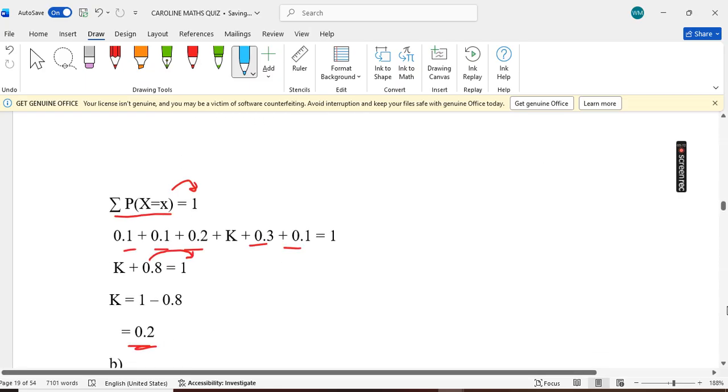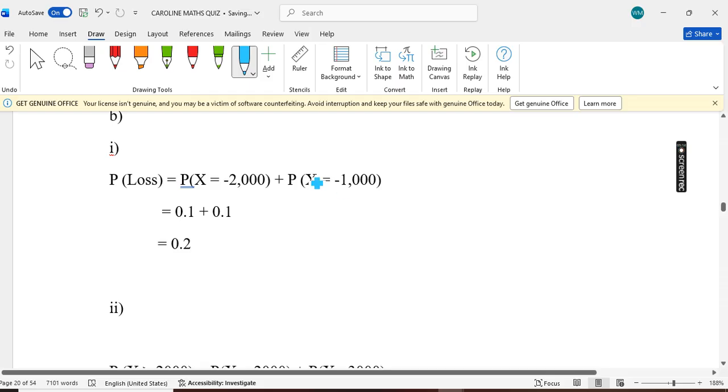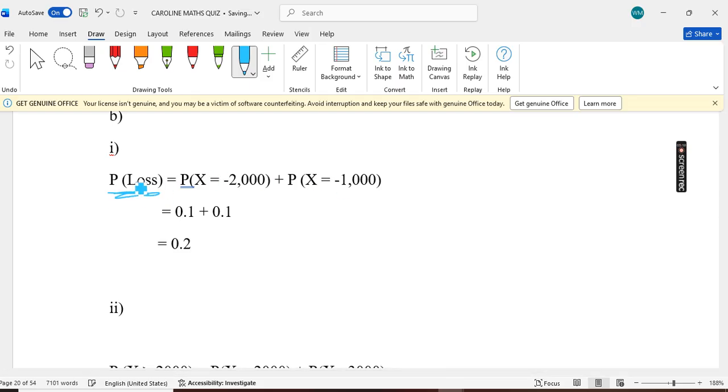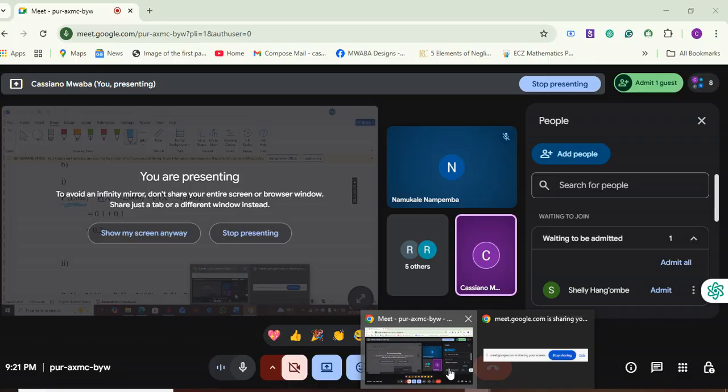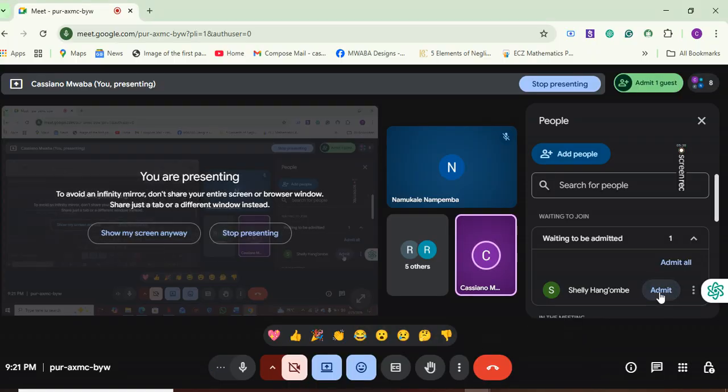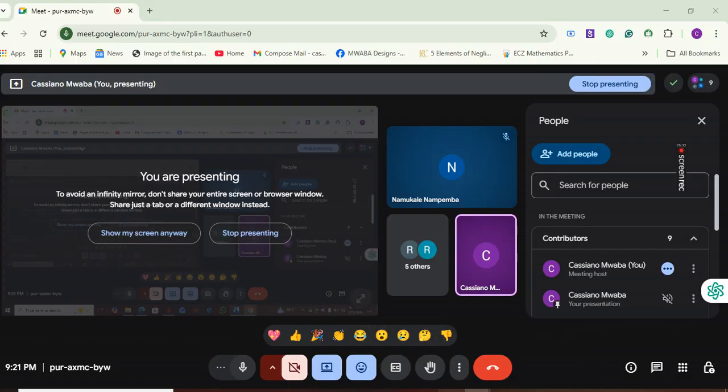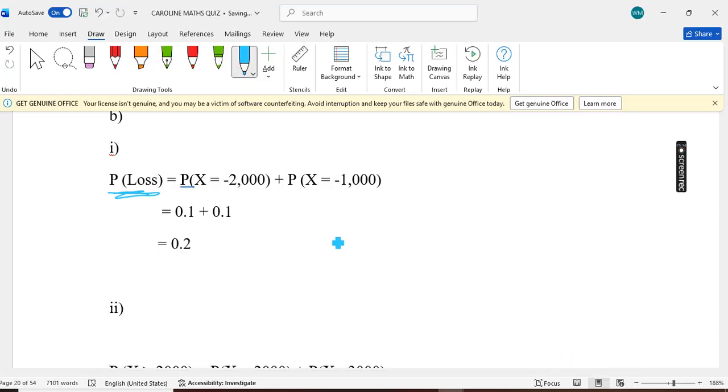So this is how we are going to do it. We say the probability of making a loss, P loss, equals the probability of making a loss of 2,000 plus the probability of making a loss of 1,000. The reason why I'm just adding these two is because these are the only probabilities that are attached to losses.